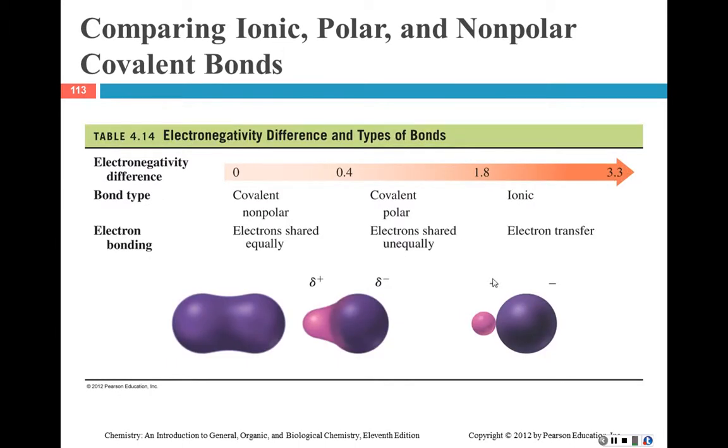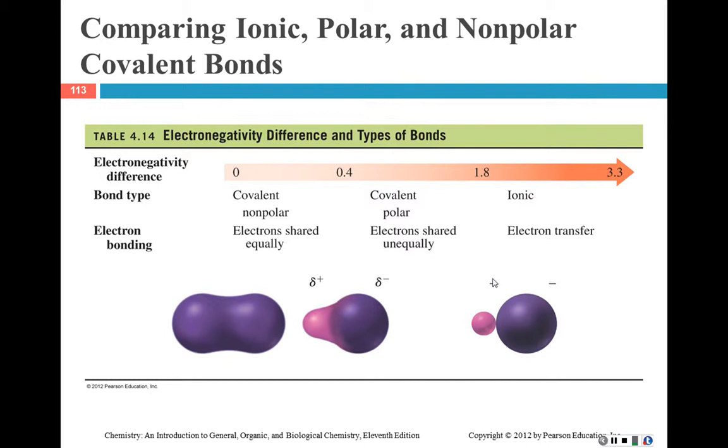So the way you determine if an attraction is going to be unequal, that is polar, is you look at the differences in their electronegativity. If you have a very high electronegativity number, then that atom is going to pull those electrons much harder towards itself than one that has a low number.